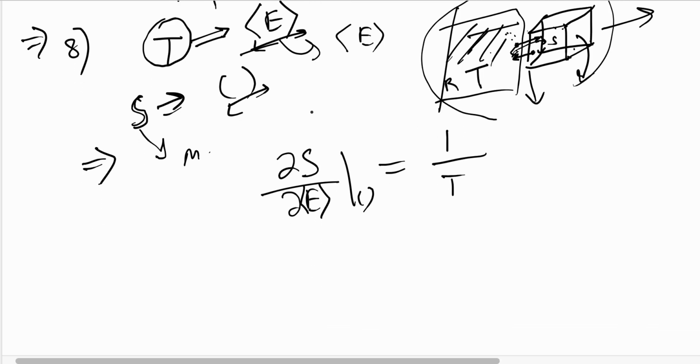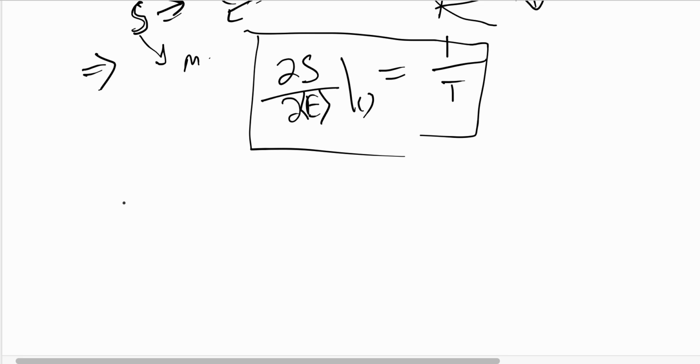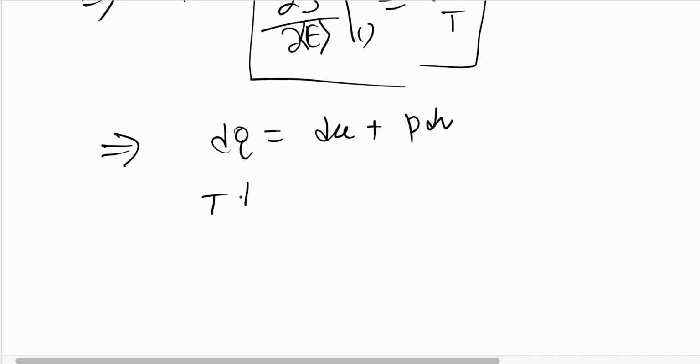You can see it also from the first and second laws of thermodynamics. The first law tells dQ equals dU plus PdV, and from the second law dQ can be written as TdS.